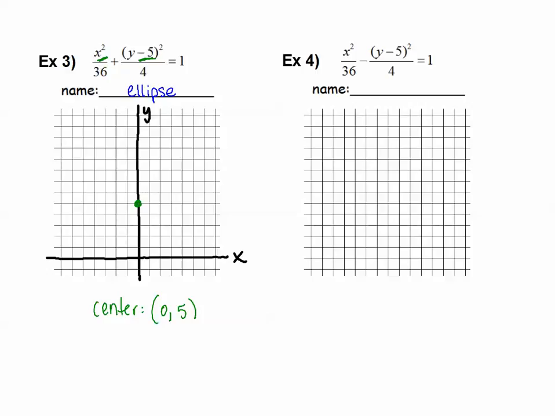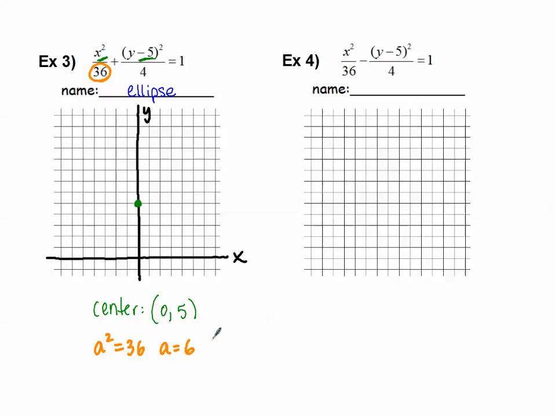Now I look under the x and under the y for how far to go out in the x and the y direction. Under the x, I see 36. Often, that's called a squared. So if a squared is 36, that means a, the square root of 36, is 6.